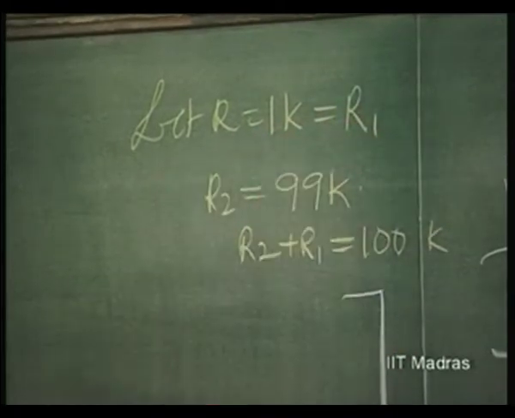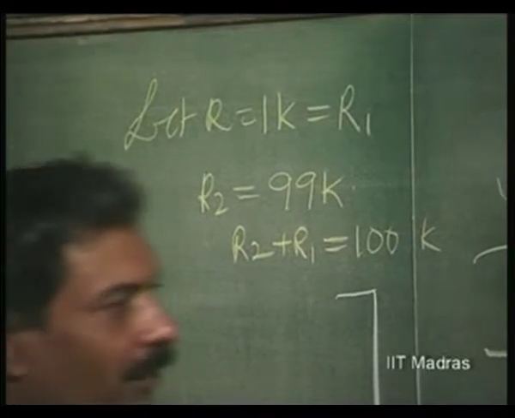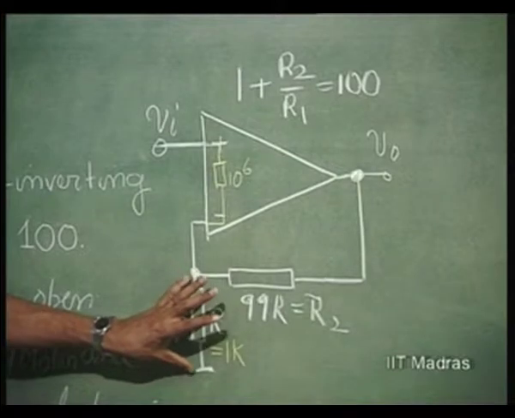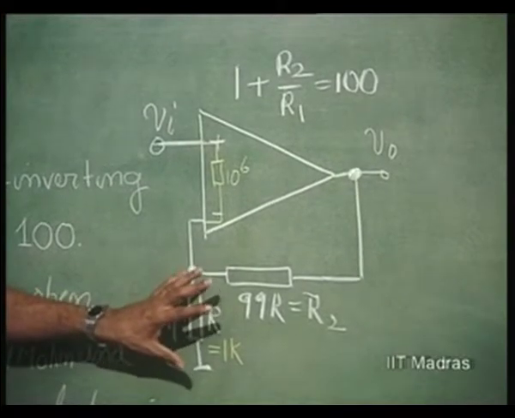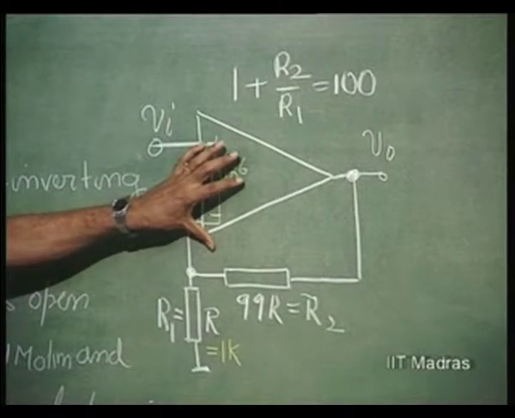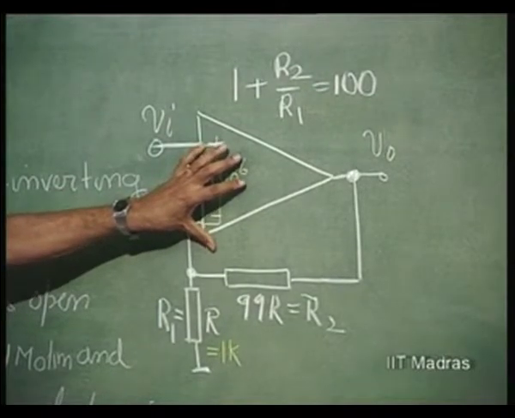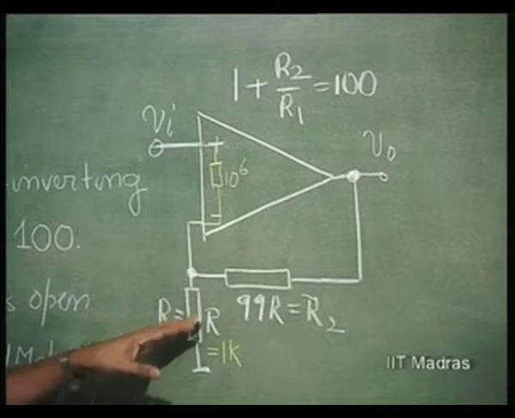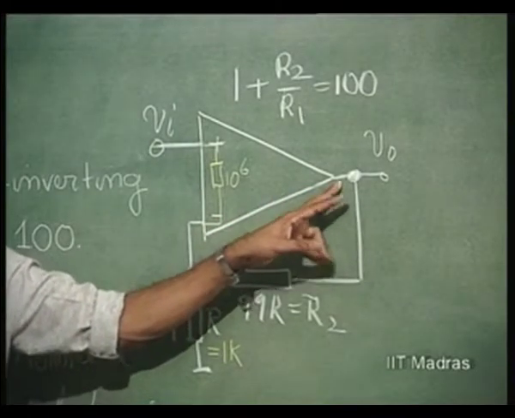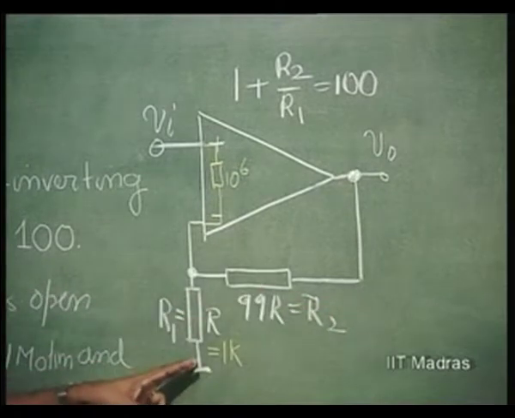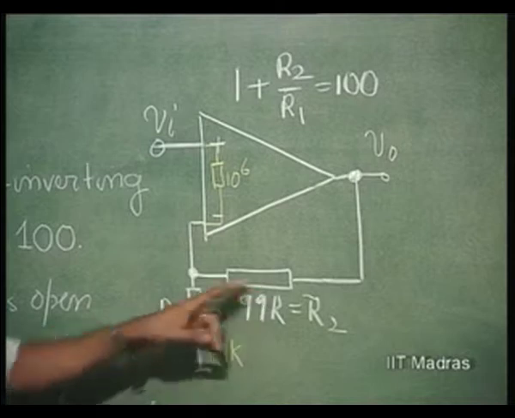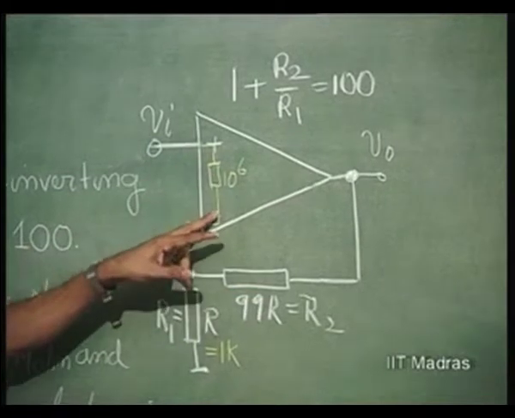So this is the choice typically. Well, how should you select these values? Obviously this resistance should be very small compared to Ri, because Ri is supposed to be infinity, and this total value of resistance should be very large compared to R naught. R naught is 100 ohms, so R2 plus R1 is taken as 100 kilo ohms, which is quite all right, and this is 1 mega ohm.